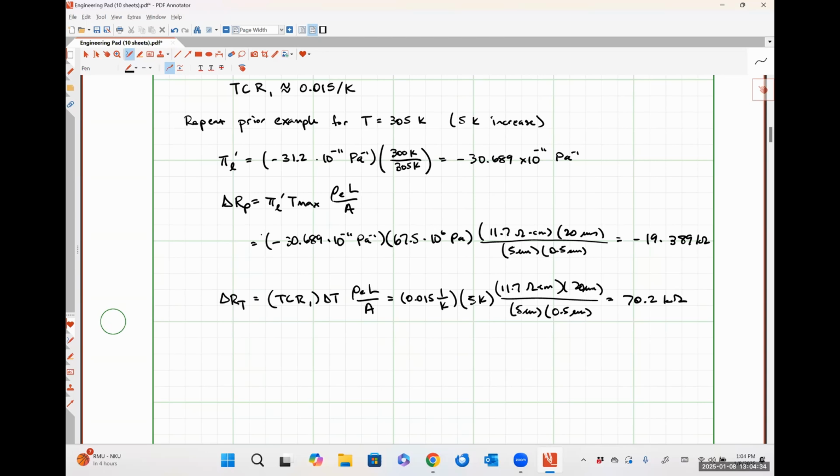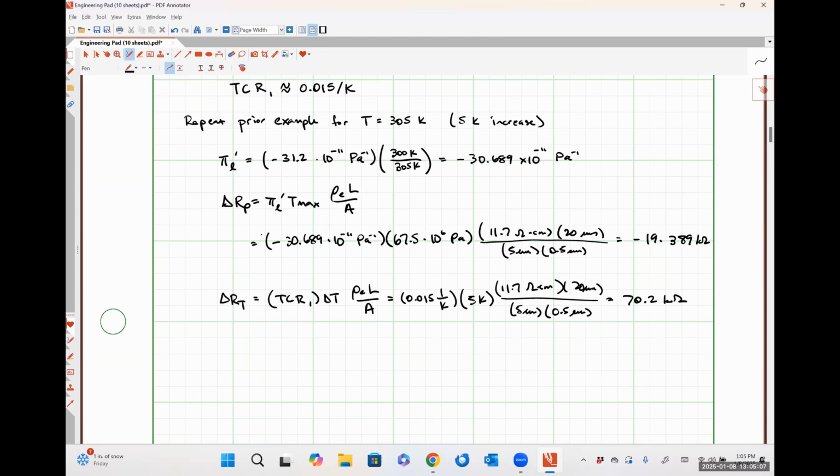That change in resistance only exists because we are deforming our piezo resistor by applying some stress, okay? The change delta R T for the temperature dependence of resistivity is just happening because we're at 305 K. And it's a positive change in resistance. So as the temperature increases, the resistance will increase. Those net effects would be combined together, okay?